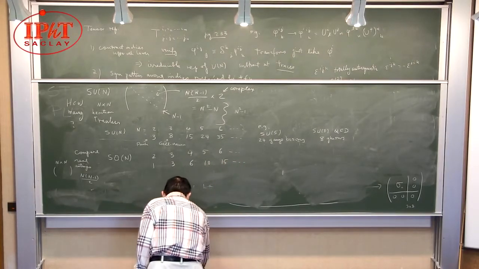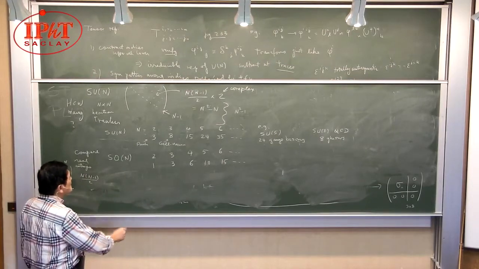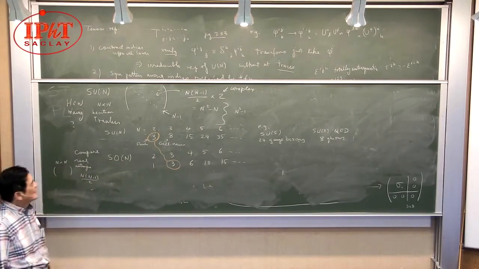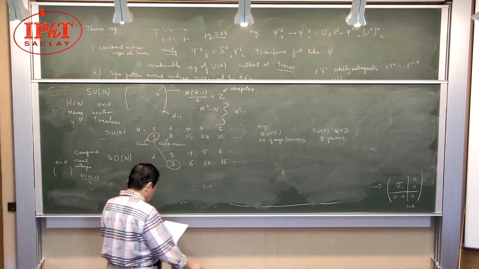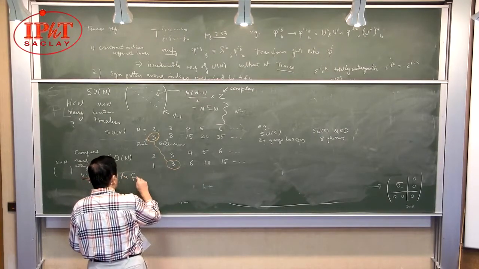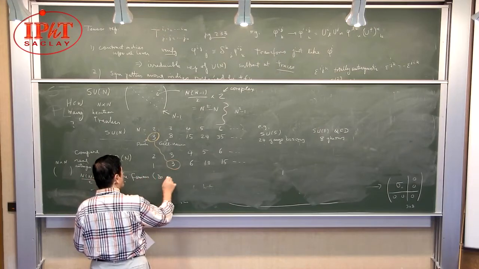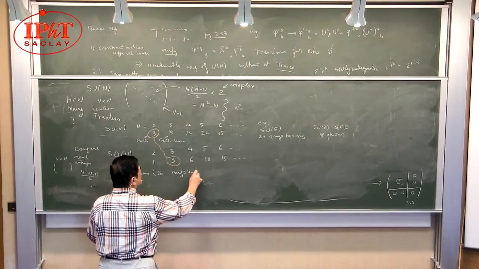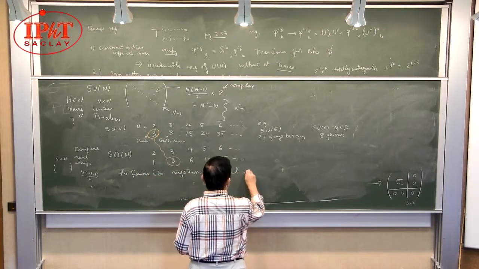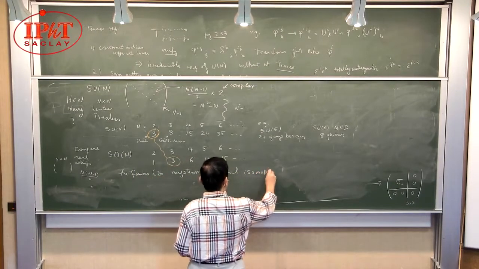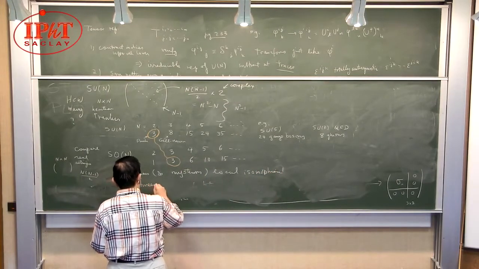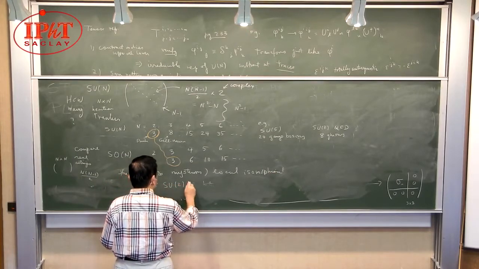If you look at this table, you can see that these 3 are equal. And so this is the famous and mysterious local isomorphism between SU(2) and SO(3).